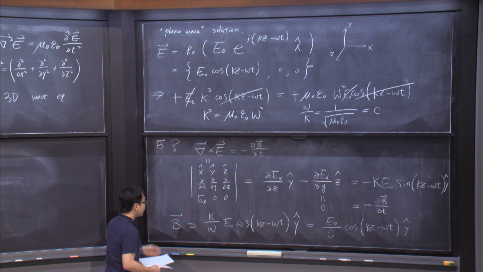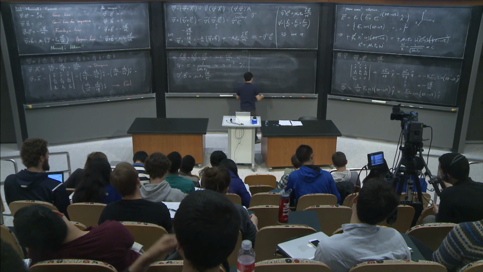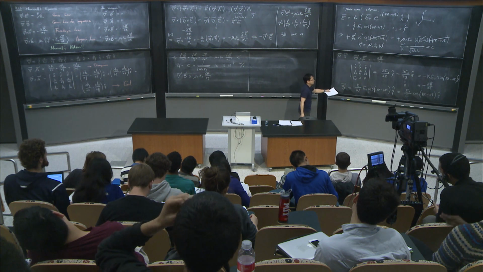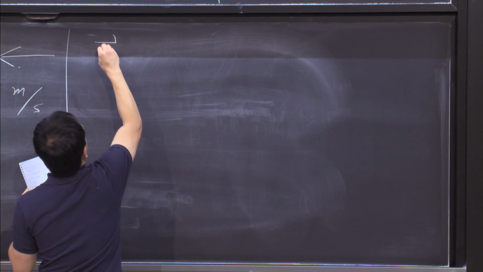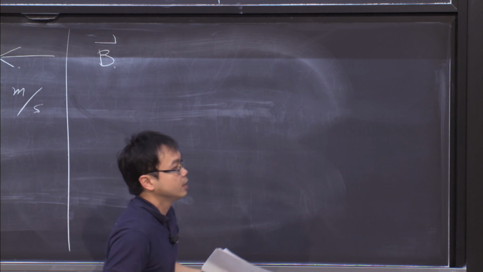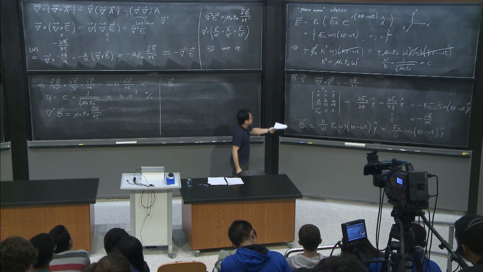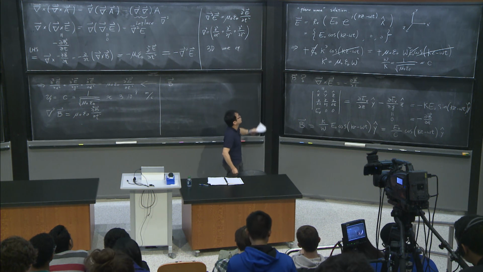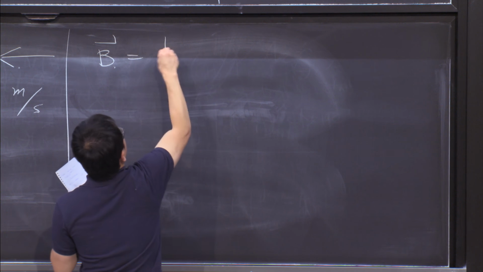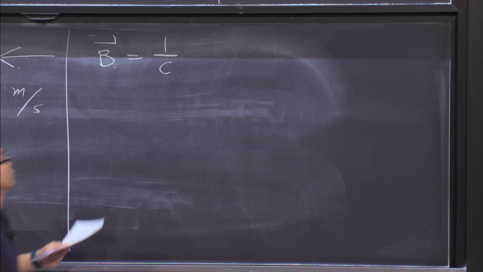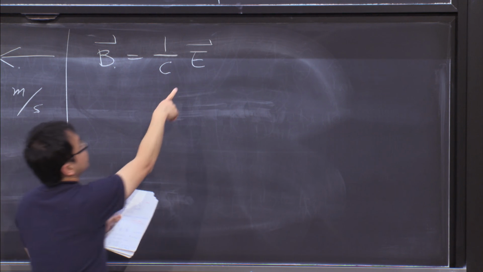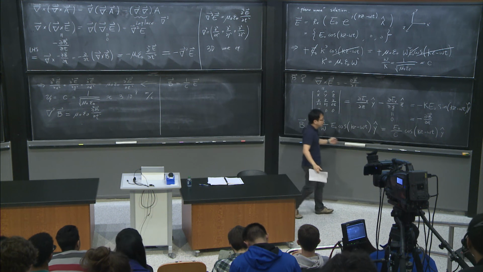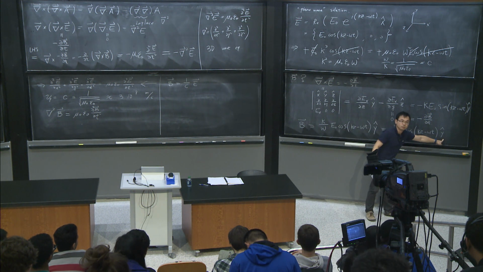So the direction of the B field can be determined by a simple calculation. The magnitude of B is proportional to the electric field, multiplied by 1 over c.